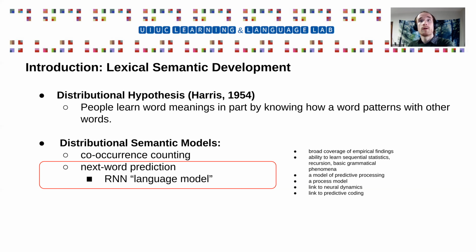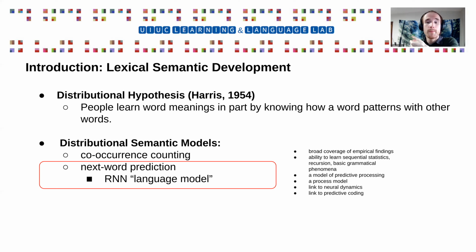There's quite a bit more that I could say here. So RNNs have a much broader coverage of empirical findings in the psychological literature, right? Not only are they able to account for many phenomena in sequence learning, they also explain human behavioral data when it comes to processing recursive sentences or sequences with embedded clauses and so on.